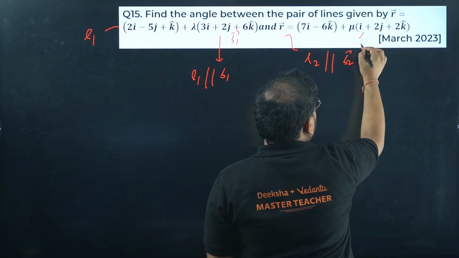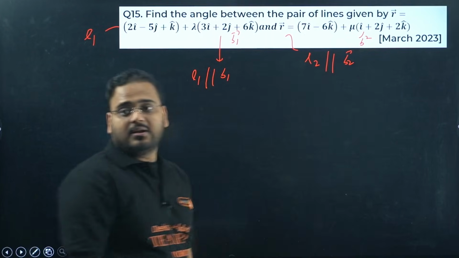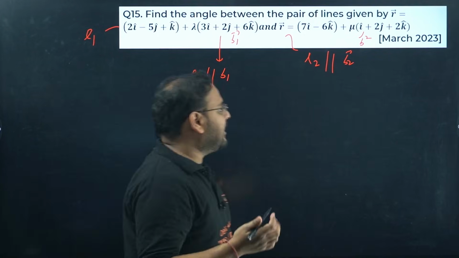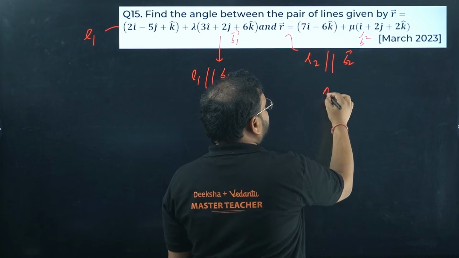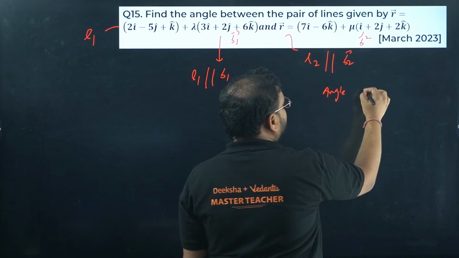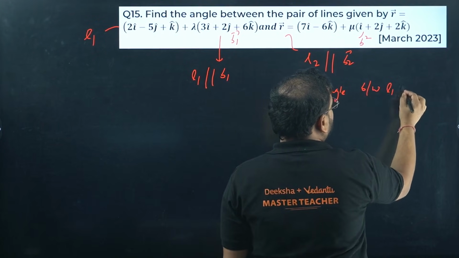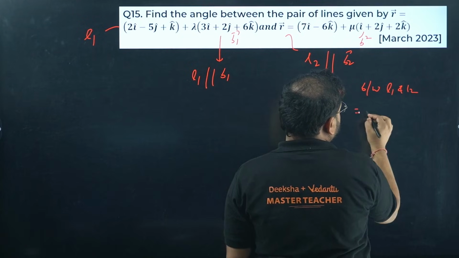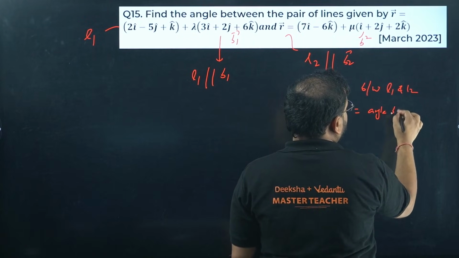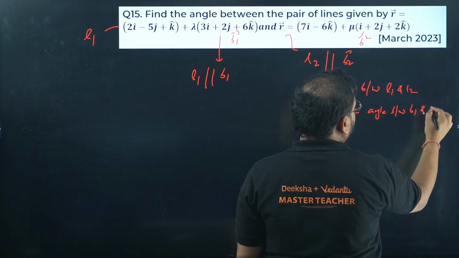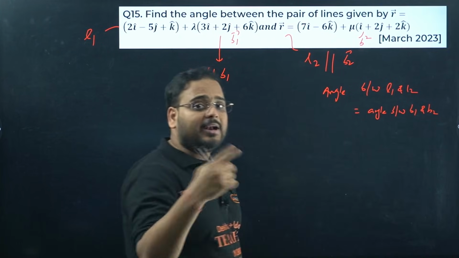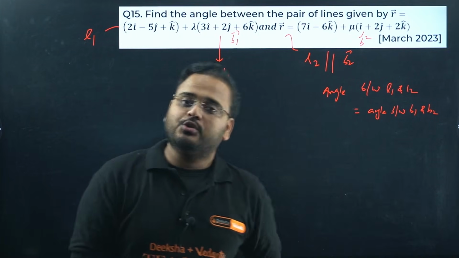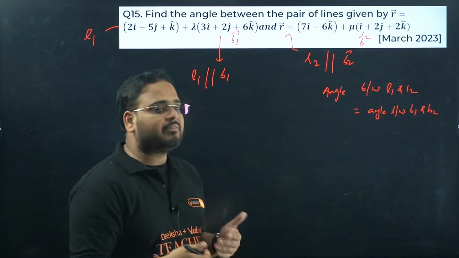Clear? So basically the angle between the lines L1 and L2 is the same as the angle between B1 and B2, because L1 is parallel to B1 and L2 is parallel to B2. So if you can find the angle between B1 and B2, that will be the answer.